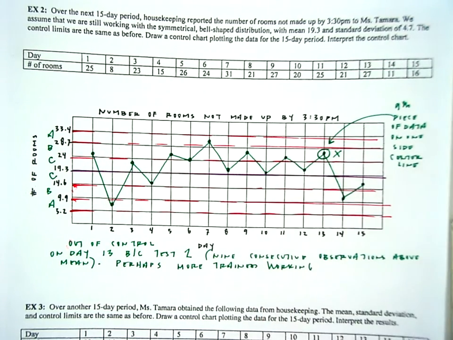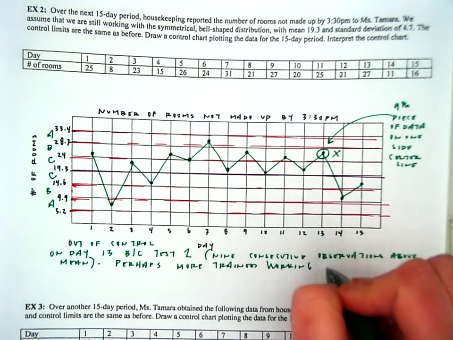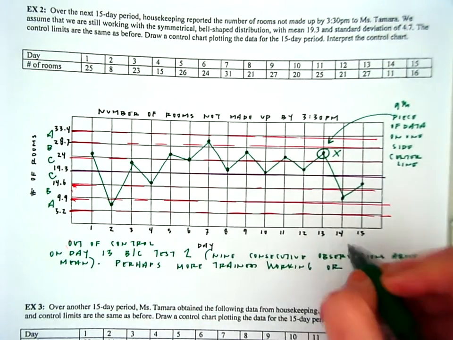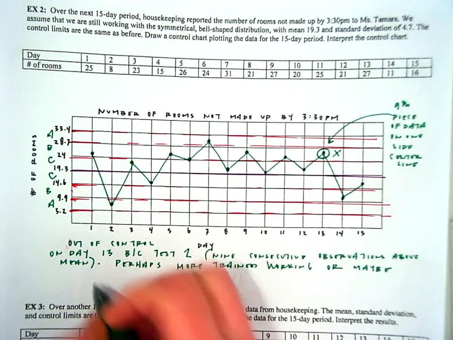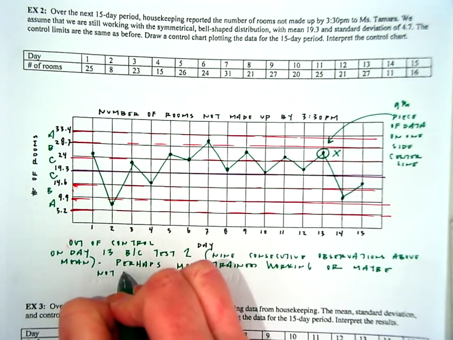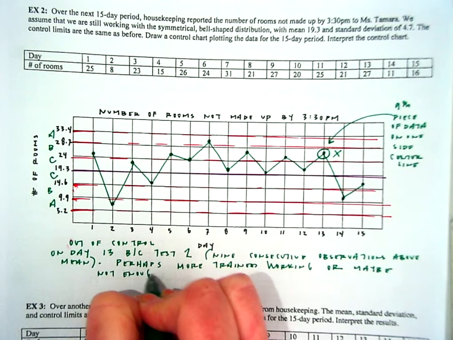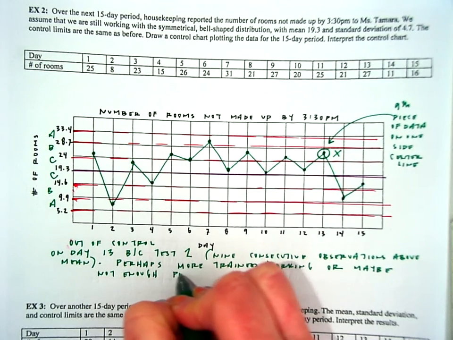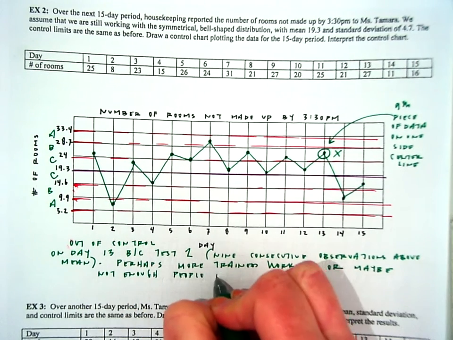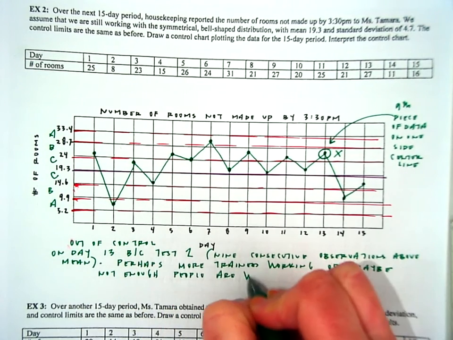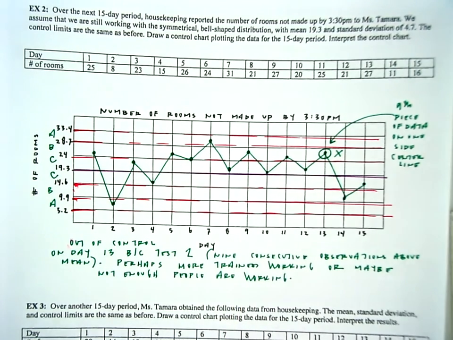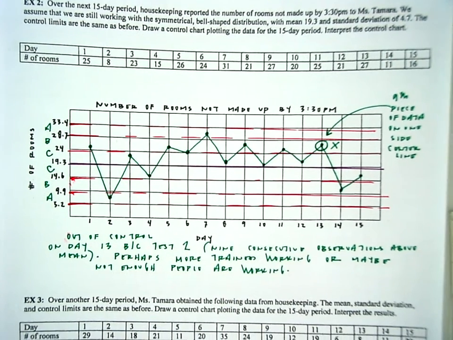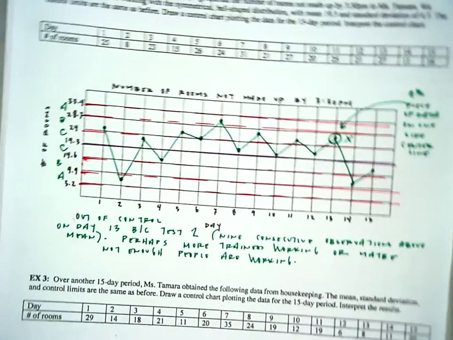And they just take more time to clean the rooms, or maybe not enough people are working. All right, if those 2 examples were enough, then great. If you want one more, let's do one more.